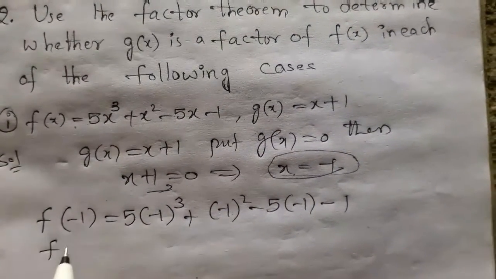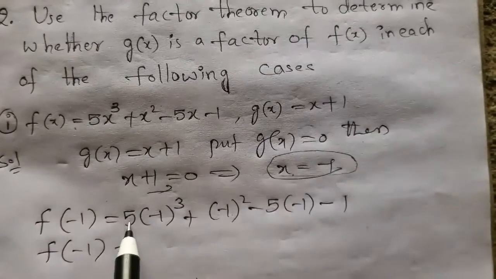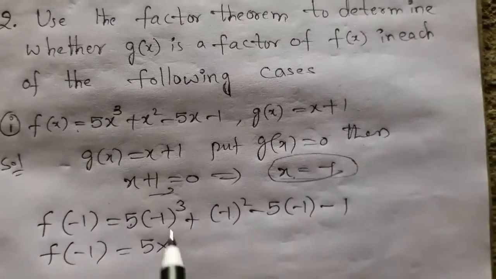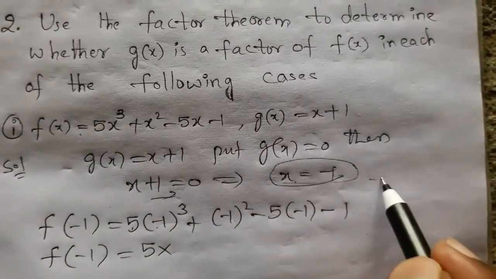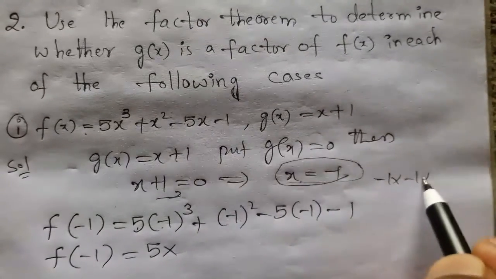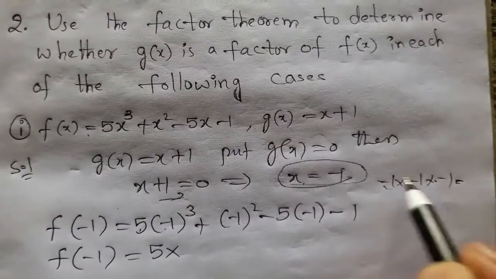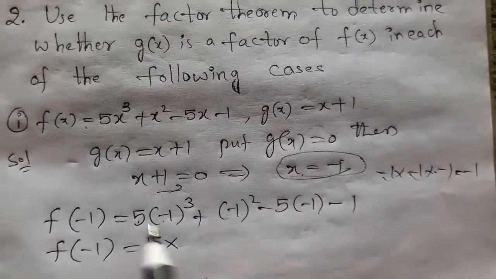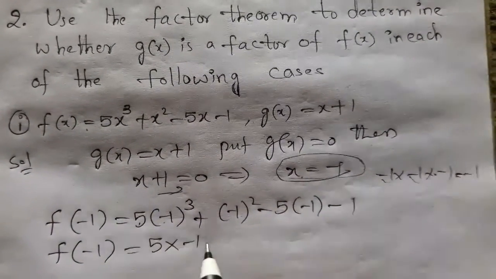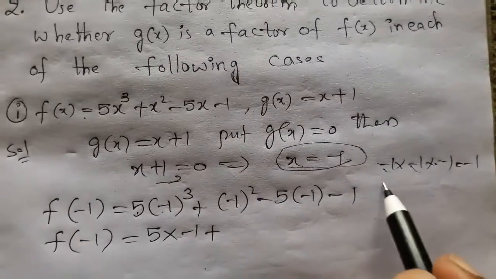Now see here, f of minus 1 is equal to 5 into minus 1 cube, which means minus 1 into minus 1 into minus 1; minus into minus plus, plus into minus minus, that becomes minus 1.